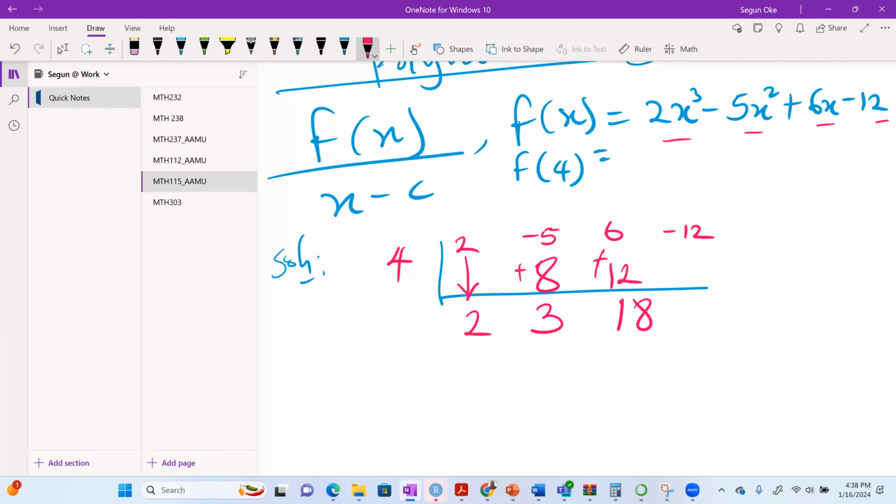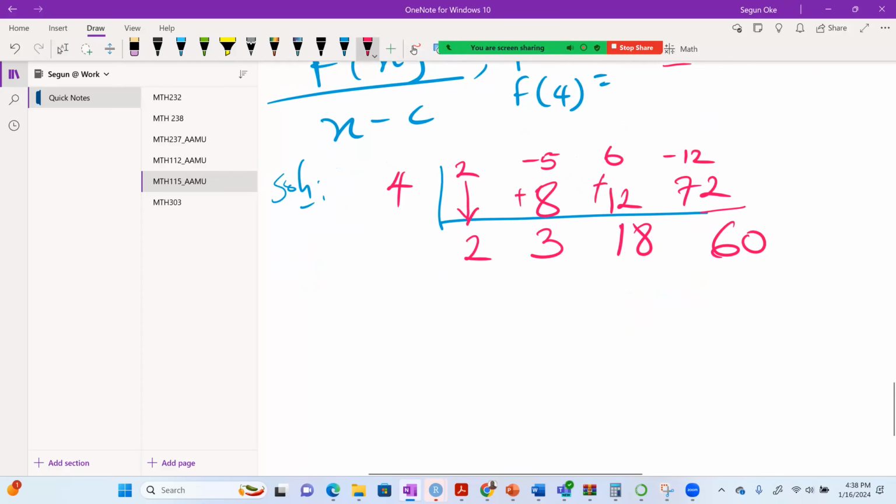18 multiplied by 4, you have 72. When you add 72 plus -12, it is 60. We will have exhausted everything we have. In this case, what we say is our remainder is equal to f(4), which is equal to 60.